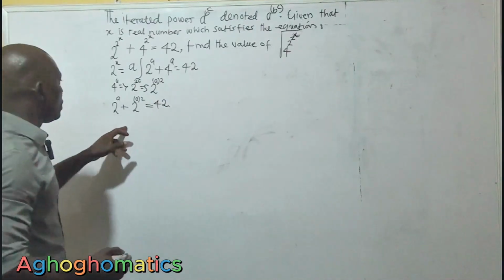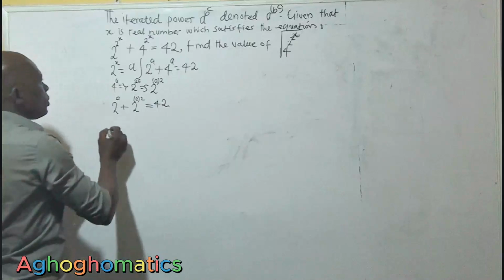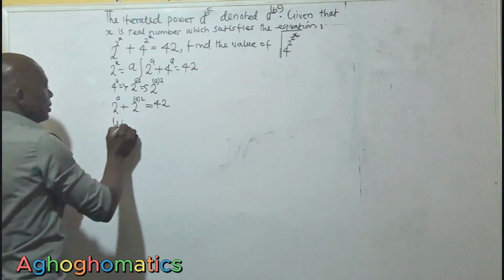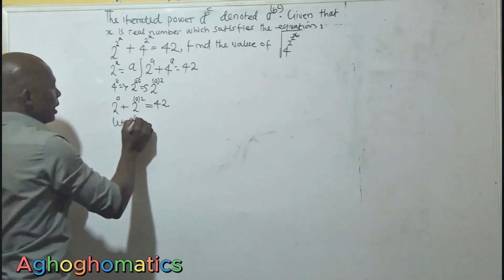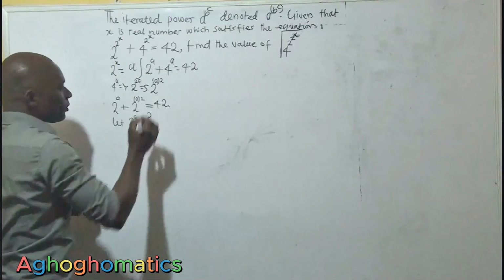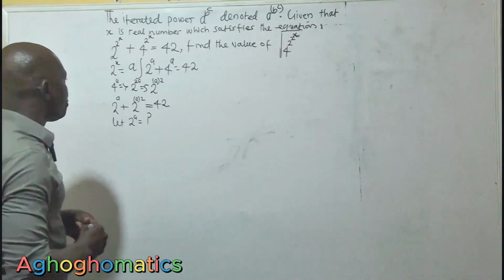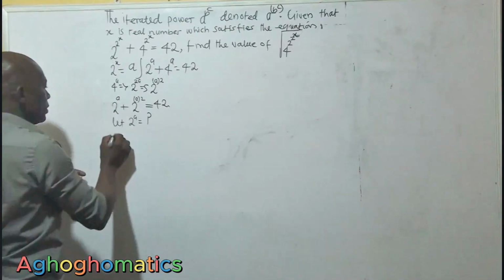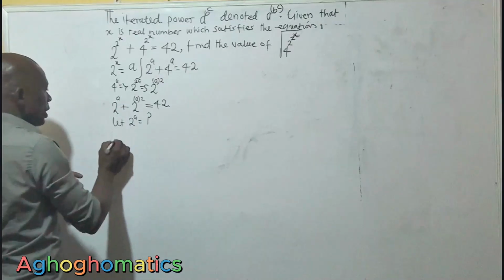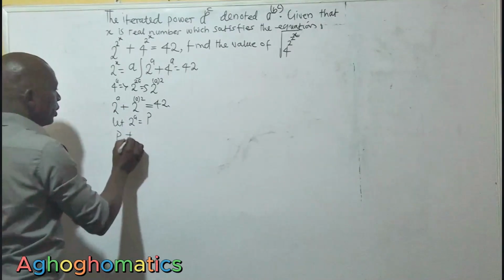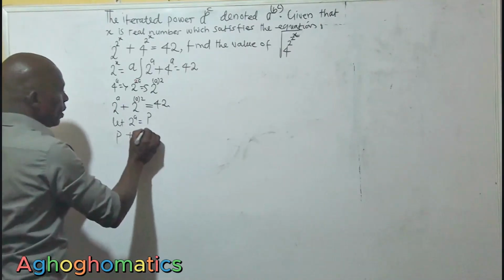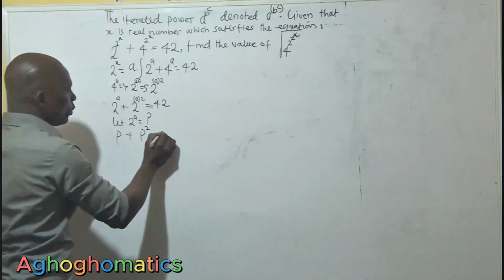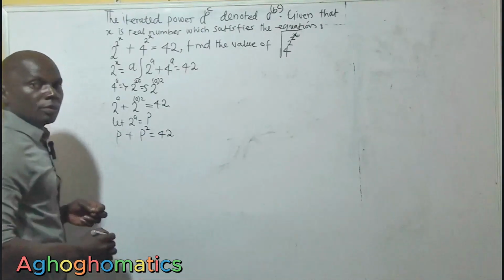Here we can also let 2 raised power a be p. Assume it's p this time, so that the expression becomes p plus p square is equal to 42.